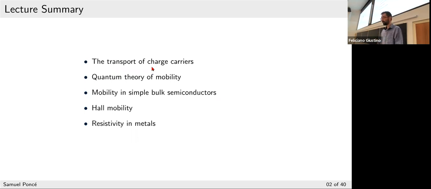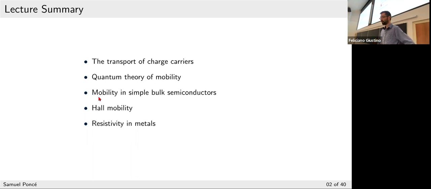And then, building on what Feliciano showed yesterday about field theory and the quantum many-body framework, I will try to show how you can do some approximations to obtain the Boltzmann transport equation. That will be quite a bit of math, but what's important is to understand the key ideas and the key approximations to get this Boltzmann transport equation, because that's what we're going to use in the afternoon for the hands-on session.